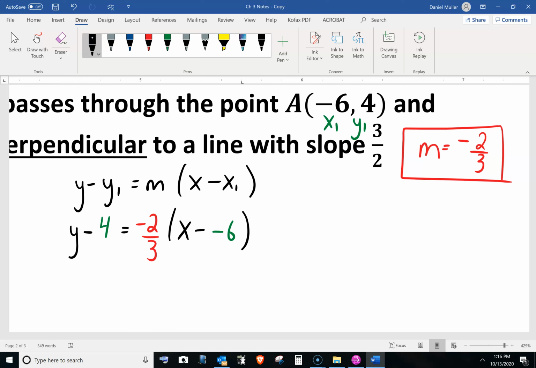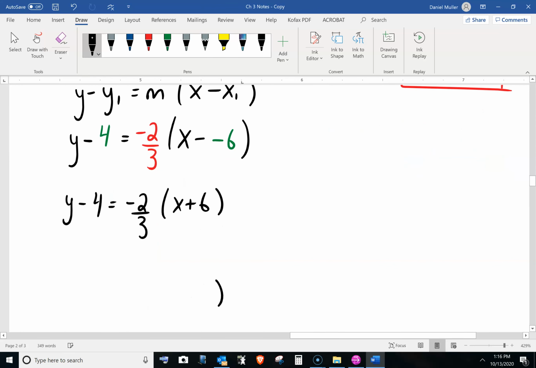And again, this is going to require a plus sign. So x minus -6 would be an x plus 6. And again, we're going to multiply this fraction in, so we have to remember that there's a 1 there. So -2/3 times x is going to be a -2/3 x.